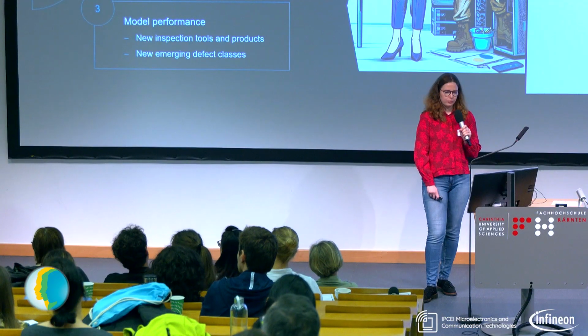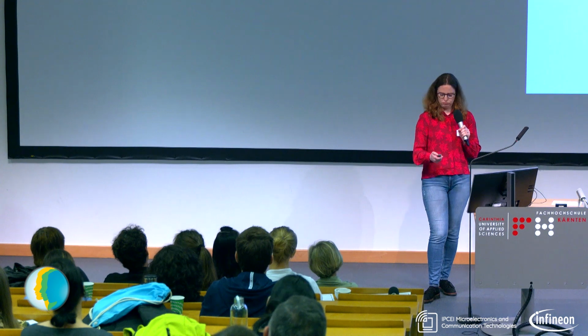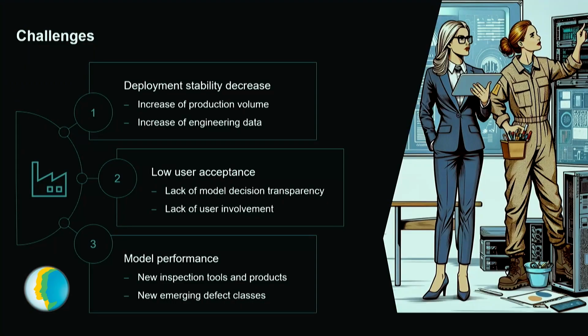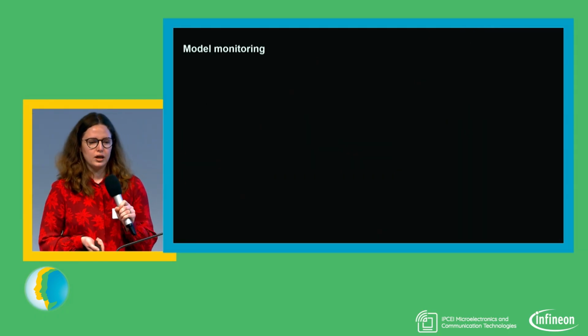The model performance might also drop or vary over time due to new inspection tools, new technologies, and therefore also new defect classes and types that need to be included into the model, and therefore a model update needs to be performed.